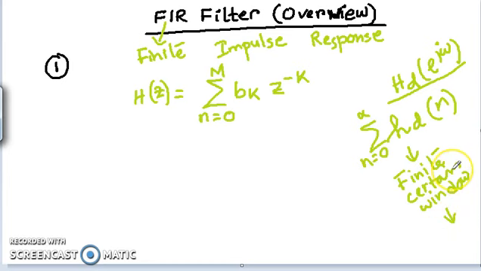We can shift the window function to get a better result, or we can try a different window function to get a better result. So this is the way where we try to minimize the error. This type of technique is known as optimization technique. So in FIR filter, we have to try for optimization technique.